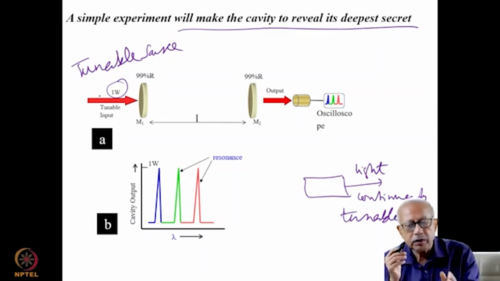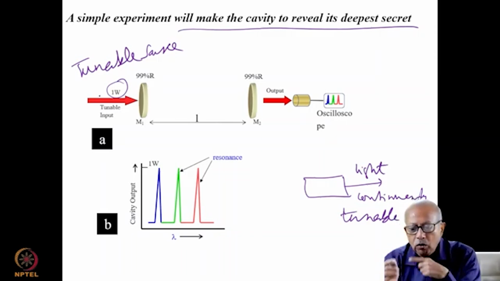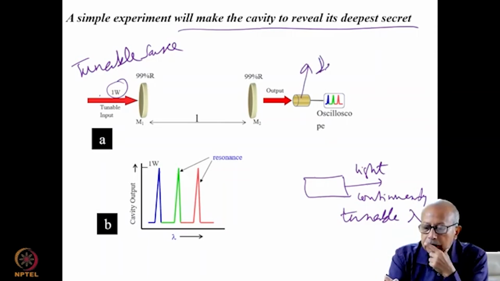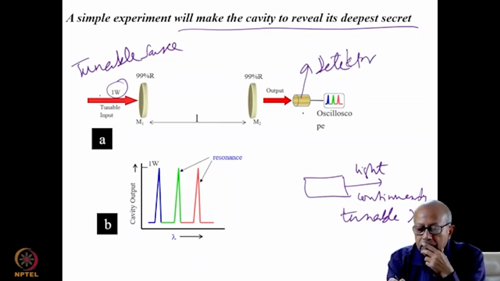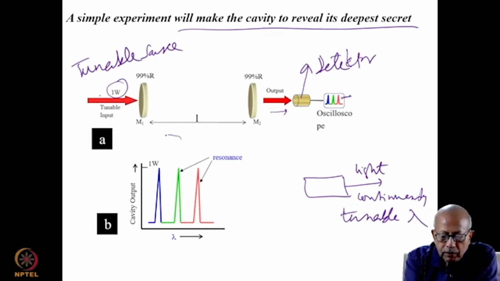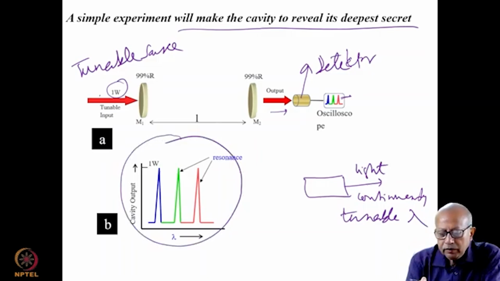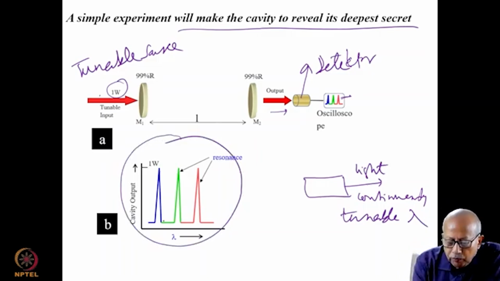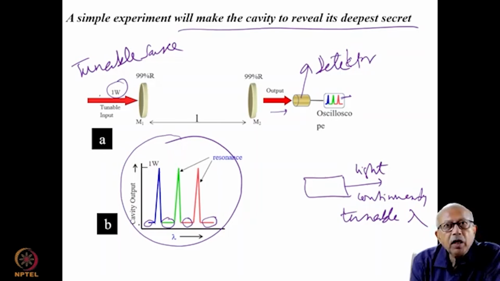In order to monitor its transmission as a function of wavelength, we place a detector on the other side of the cavity and measure the intensity of the transmitted light. The result of this experiment is recorded in this picture. It would be seen that for most of the wavelengths, the cavity hardly transmits anything.